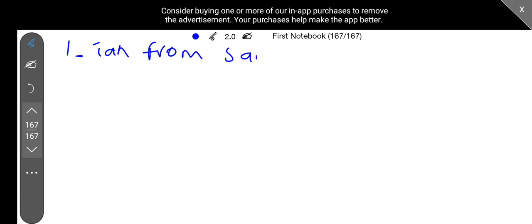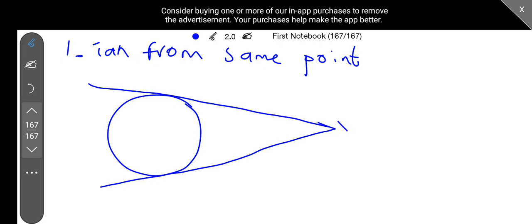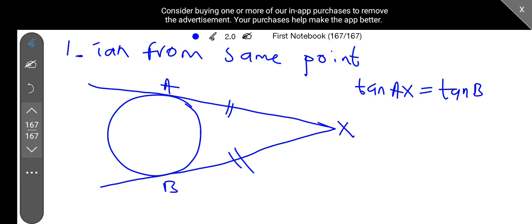Basically, what it means is that when we have a circle and we have two tangents coming from a similar point, point X, we have the right to say that this tangent is equal to this tangent. So if this was A and this was B, we can say that tangent AX is equal to tangent BX.